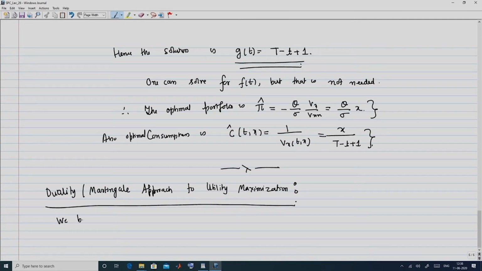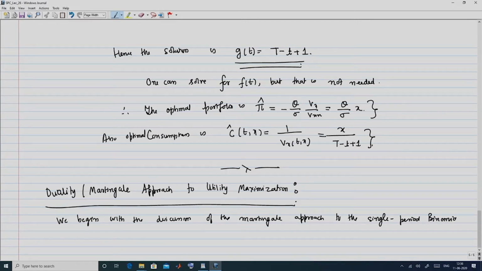We begin this part of the class with the discussion of the Martingale approach to the single period binomial model framework.